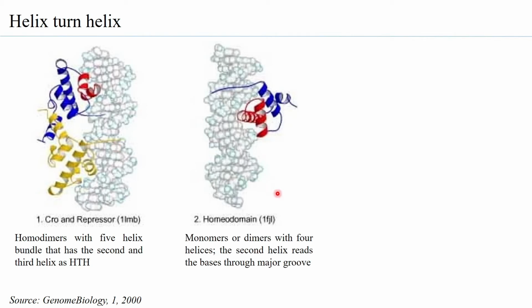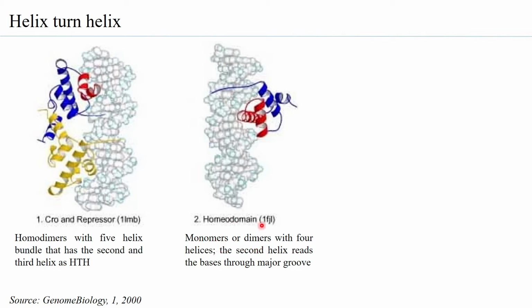Then one comes to the second family, which comprises transcription factors. In eukaryotes, for transcription to be initiated, there are several transcription factors that are required. Many of them are regulatory and many of them are actually needed to initiate transcription. Of that, one of the families is the homeodomain family, and these can exist as monomers or as dimers.